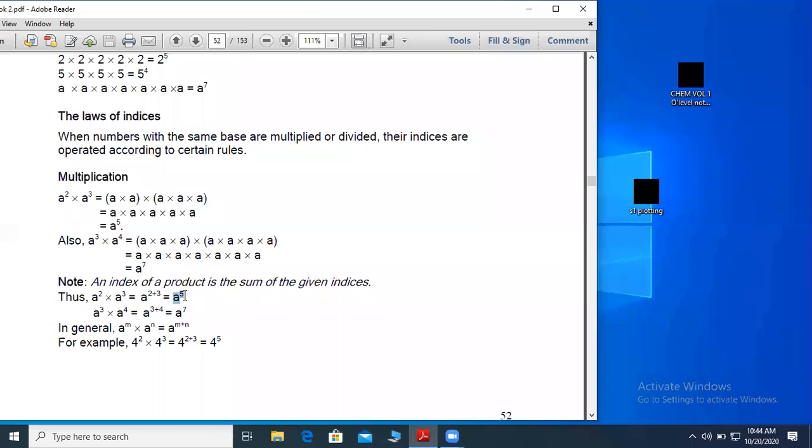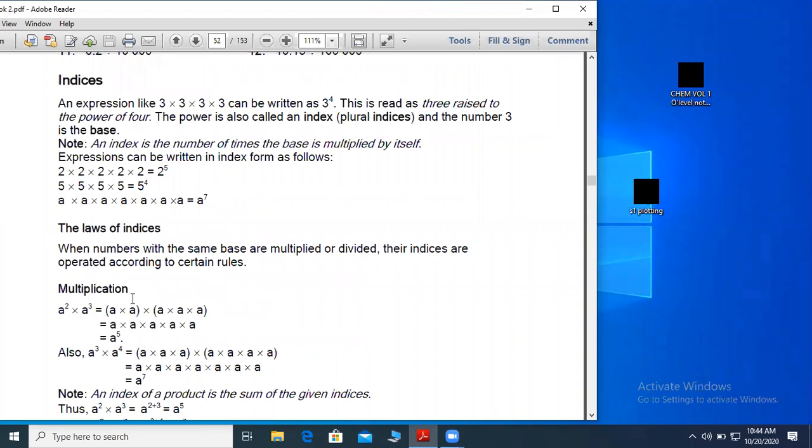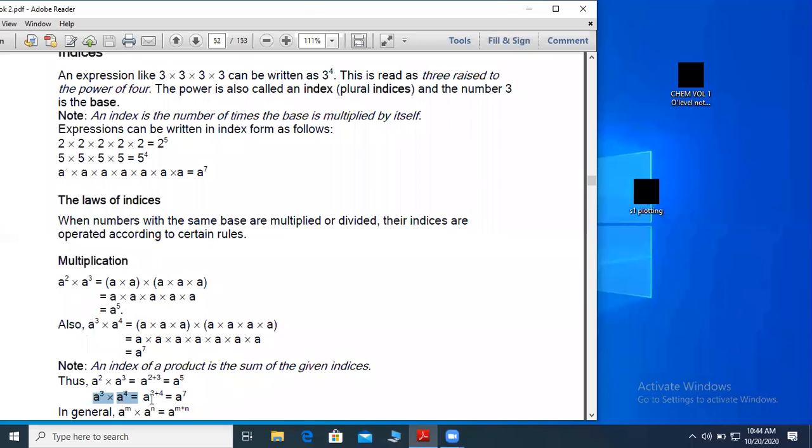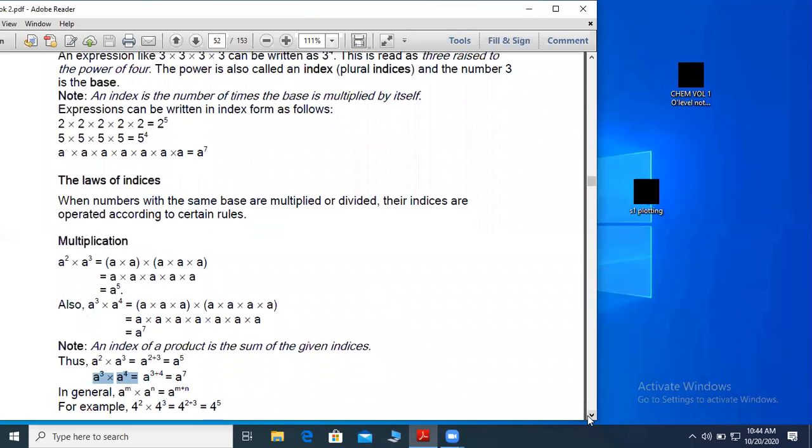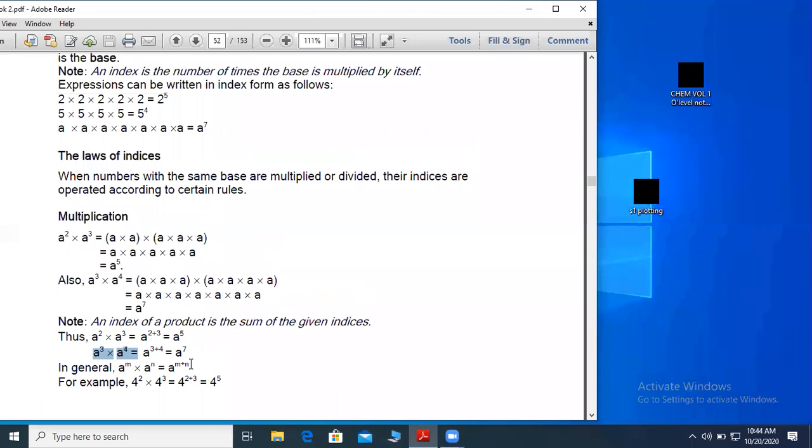So like that. Then a power 3 times a power 4, the base is the same. So it will give us a power 3 plus 4. We just add the powers. And 3 plus 4, the answer is what? Is 7.